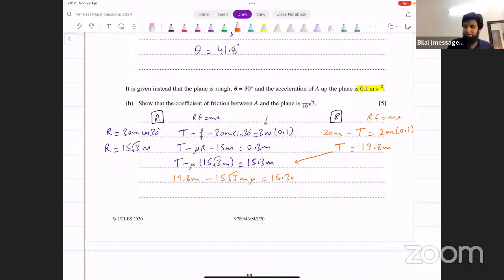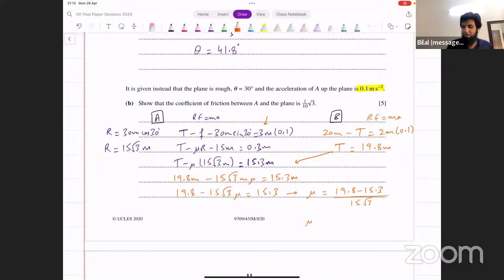Now m is appearing in every single term. All terms have m. We can take that common, remove that, and that leaves us with 19.8 minus 15 under root 3 times mu equal to 15.3. Now we need to make mu the subject. It's going to be 19.8 minus 15.3 divided by 15 under root 3.